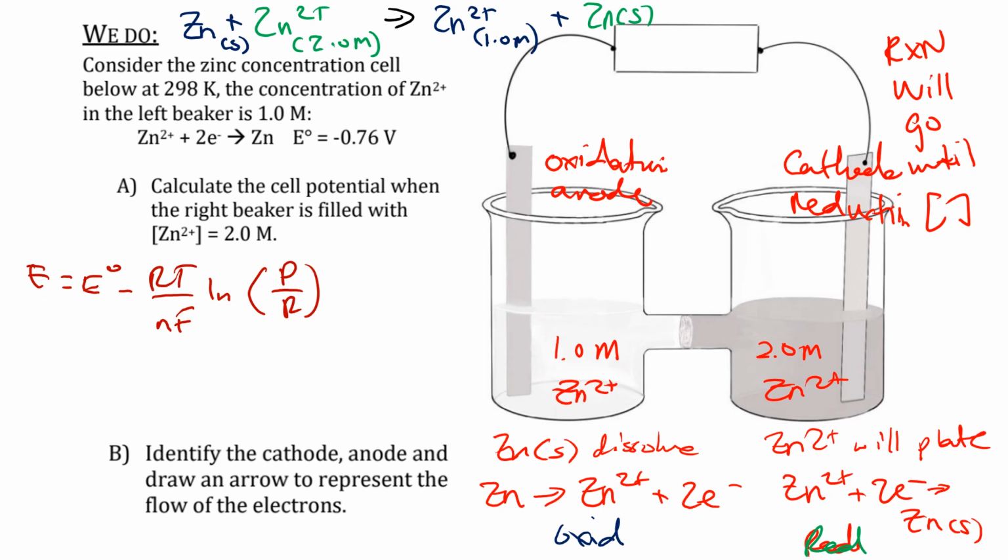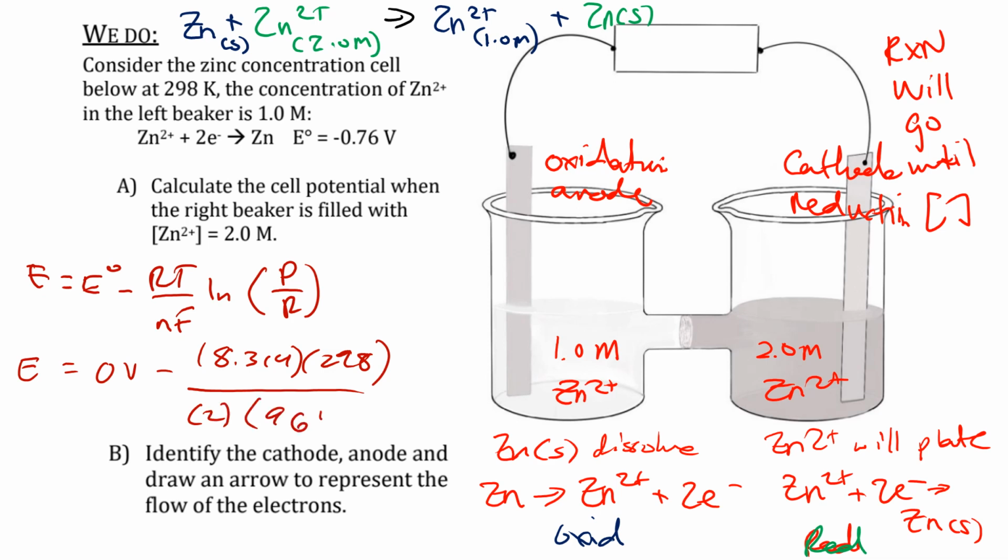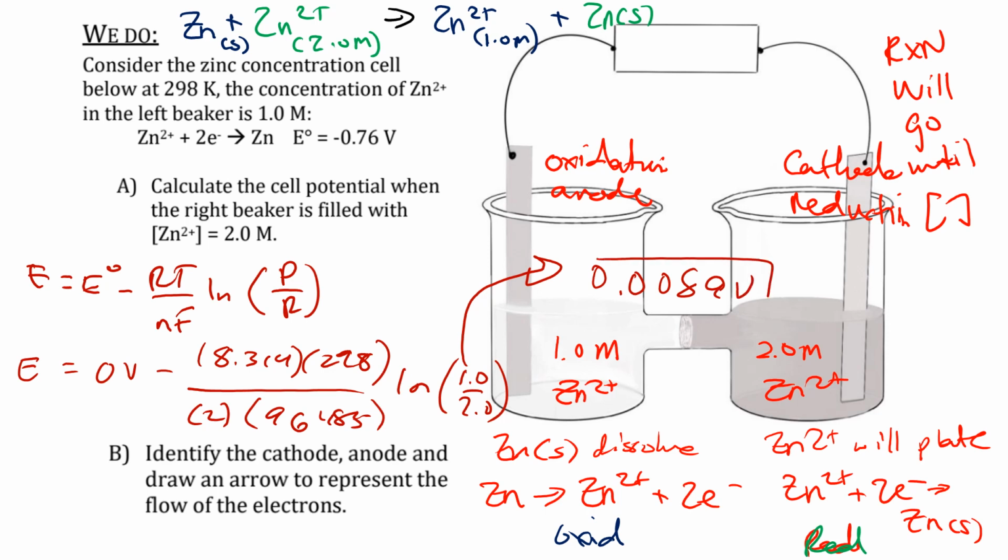Because these are the same cathode and anode, your E0 is going to be 0, so that helps a lot. 0 volts minus 8.314 times 298 over 2 moles of electrons times 96,485 times natural log of 1.0 over 2.0. I do my work on my calculator, and I end up with 0.0089 volts for my final answer.